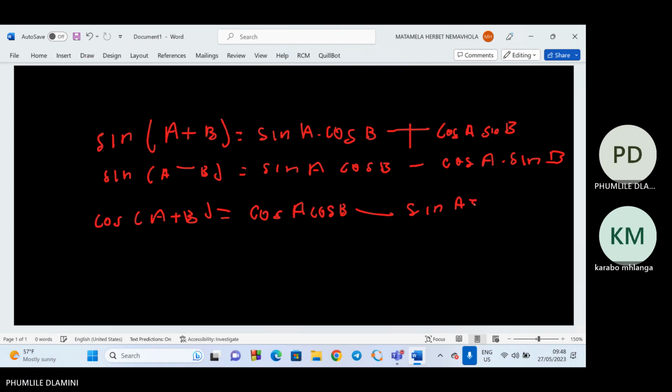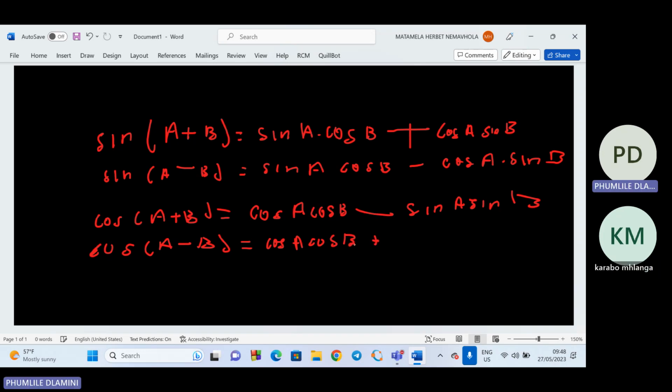So if you have cos of A minus B, this is the same as cos A cos B plus sine A sine B, because it's negative, it becomes plus here. Yes, so we have these identities.